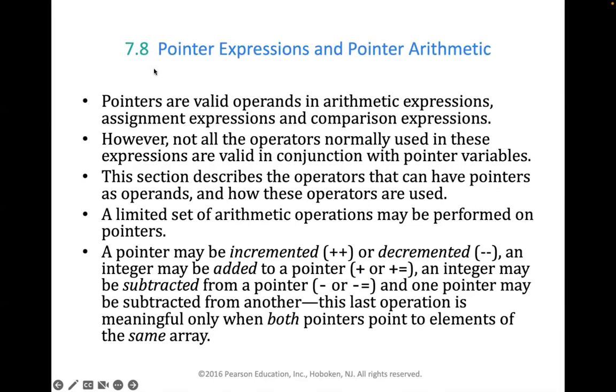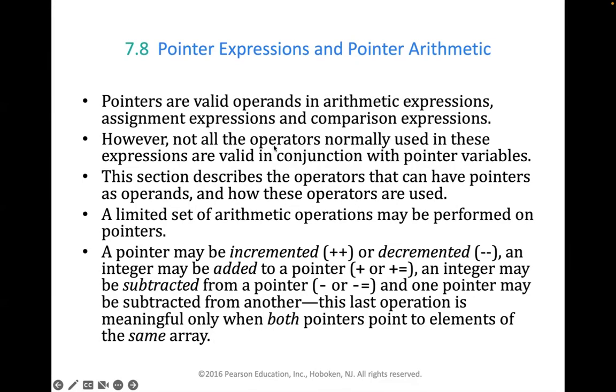Oh, this is a new section now. Section 7.8, pointer expressions and pointer arithmetic. This means we can do some math operations on the pointer. Pointers are valid operands in arithmetic expressions, assignment and comparison.